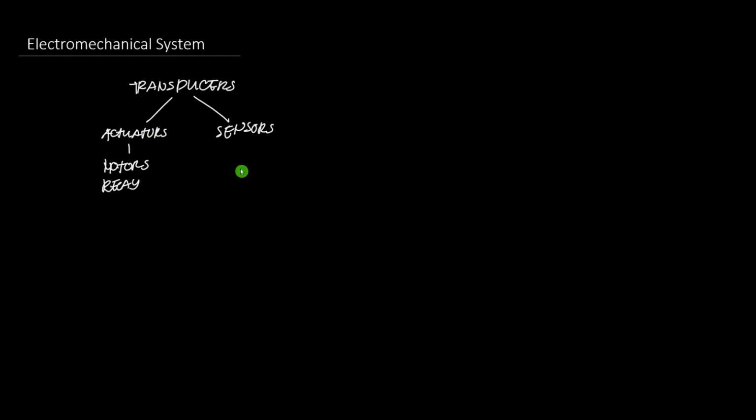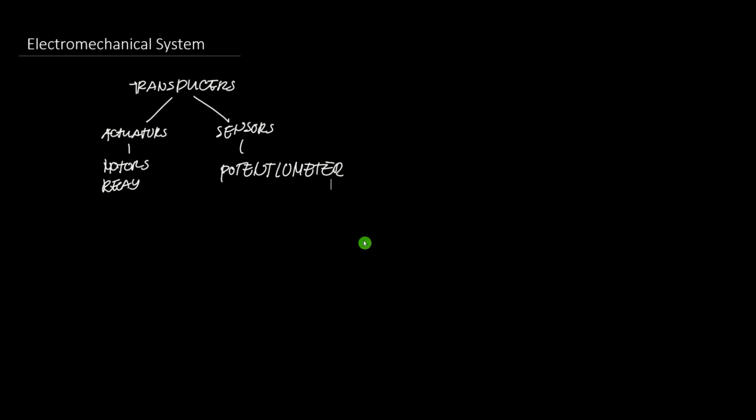One very typical, very basic example of a sensor is the potentiometer. This is a sensor. It's commonly used as a sensor in control engineering, and it's an electromechanical system.